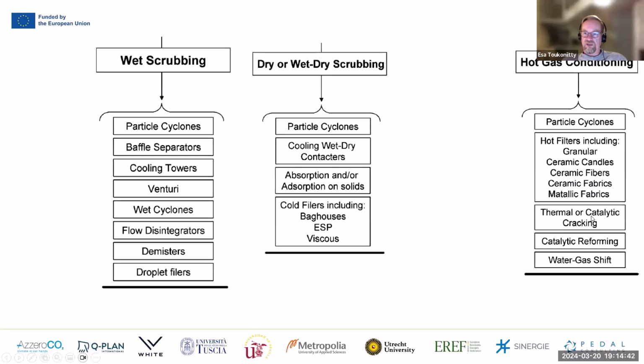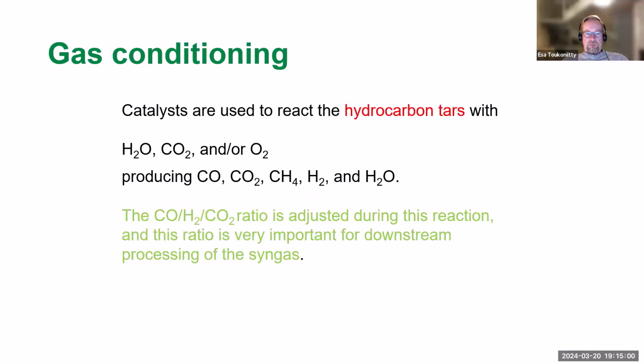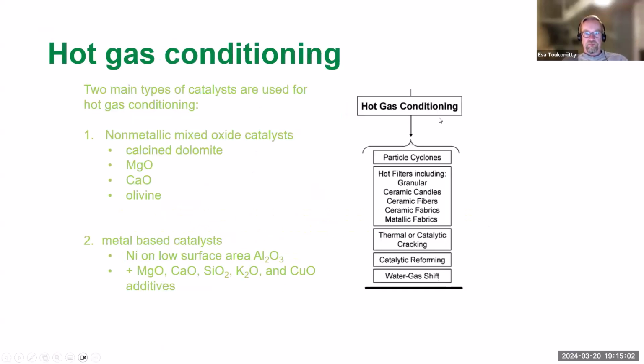The cracking, reforming, and water gas shift reactions are all catalytic reactions, and they help to adjust the carbon monoxide, hydrogen, CO2 concentrations, and so on. Here are some details about the hot gas conditioning, what type of catalysts are used.